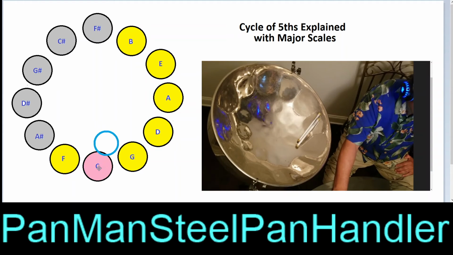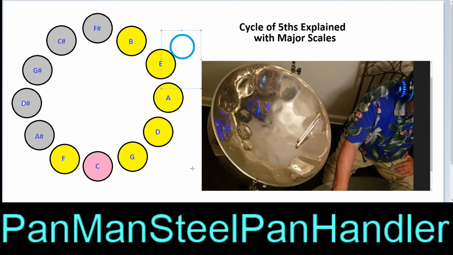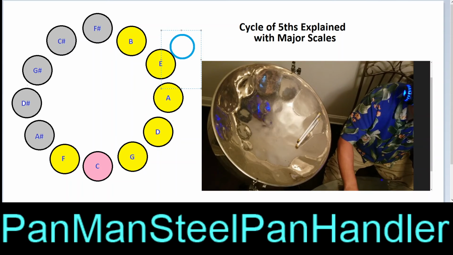So you start, go to the next one counterclockwise, which is your fifth, skip 2, and you'll be at the third. No matter where you go on the drum, if you were to start at B, you know that the major chord is you go next to F sharp, skip the next 2, and that's D. That pattern holds true everywhere, and that is what we will discuss in future videos.